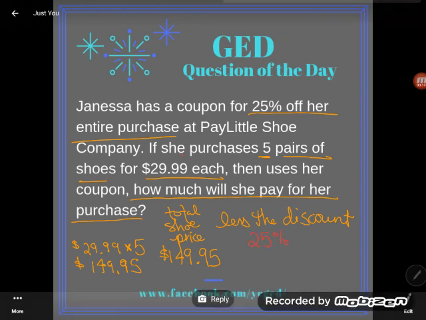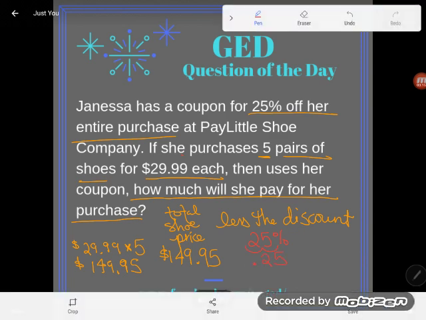I remember my teacher taught me to convert that into a decimal. Boom, boom. That's 0.25. And then they go, oh, it's just a 25-cent discount. Let me just subtract out 25 cents. Yeah, guys, 25% is not the same as 25 cents. Super glad you remember how to convert a percent to a decimal, but you don't just drop the percent sign and all of a sudden it's money, okay?